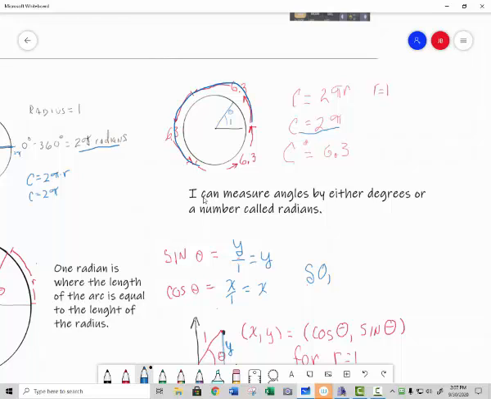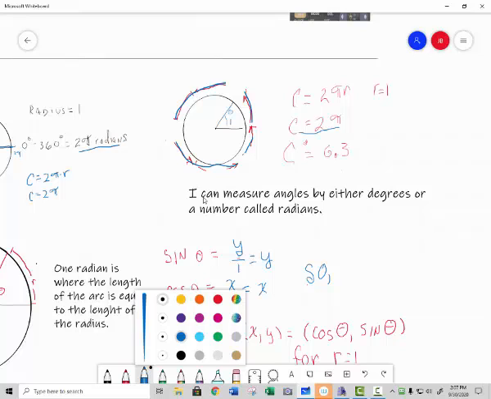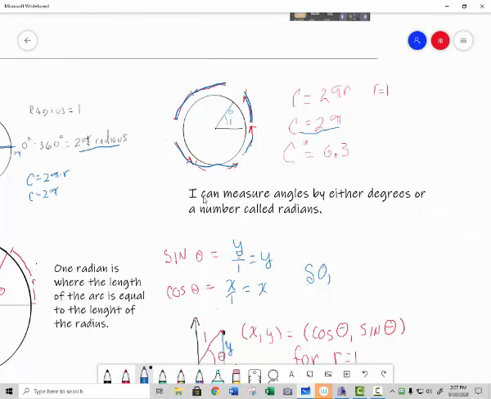It's not 6.3 in 3 different cases. Okay? I won't have 3 of those 6.3s. Let me erase those so I can eliminate the confusion. All the way around is 6.3. Assuming that the radius is 1. Now obviously it would change if that radius were 2. The bigger circle is going to have a greater circumference.